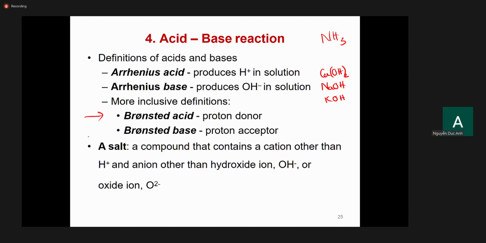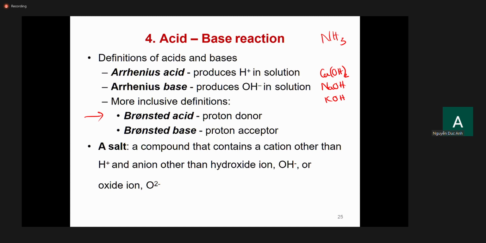Bronsted theory says that a Bronsted acid can donate protons, or in other words, produce protons. On the other side, a Bronsted base can accept protons.